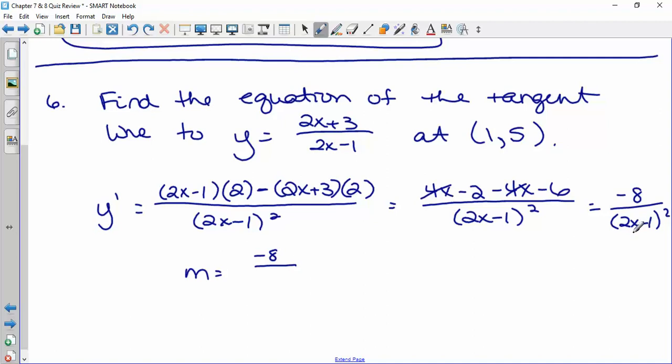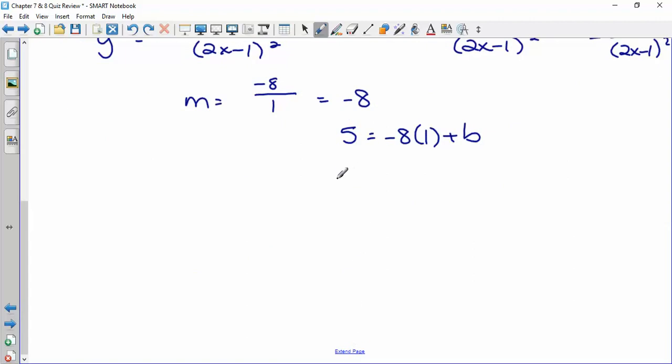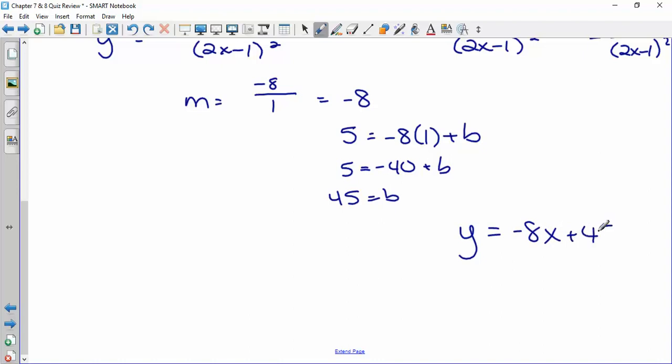Plug in the 1. So 2 times 1 is 2, minus 1 is 1, squared is 1. So my slope is negative 8. So then we can plug into y equals mx plus b. Our equation of the tangent line is negative 8x plus 45.